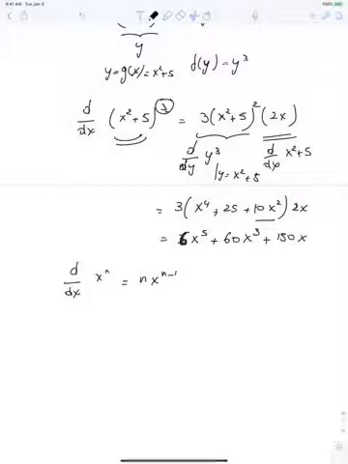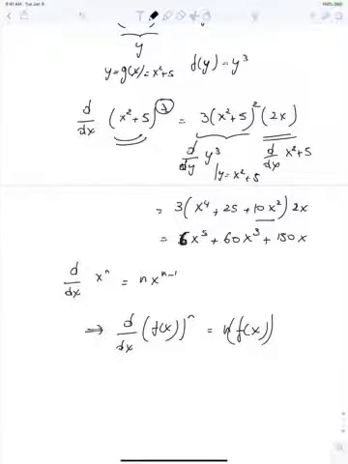So if you replace x with a function f, d/dx of f of x power n is going to be n times f of x power n minus 1, and then you have the derivative of f of x.